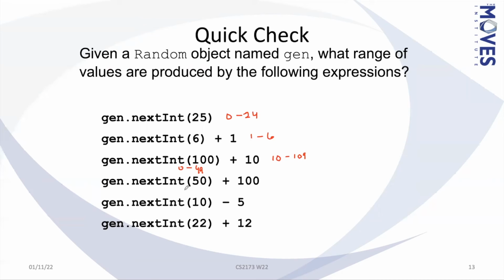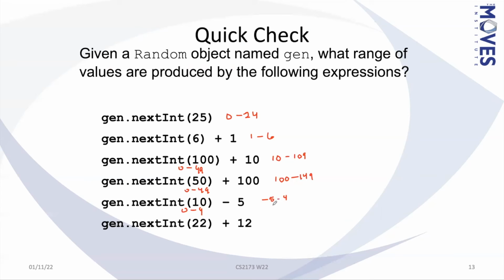This is between 0 and 49, add 100, and this would be between 100 and 149. Okay, this would be between 0 and 9, minus 5, it would be between minus 5 and 4.